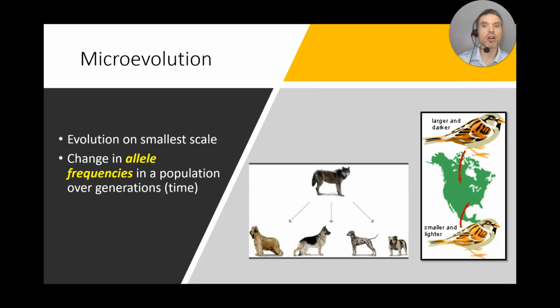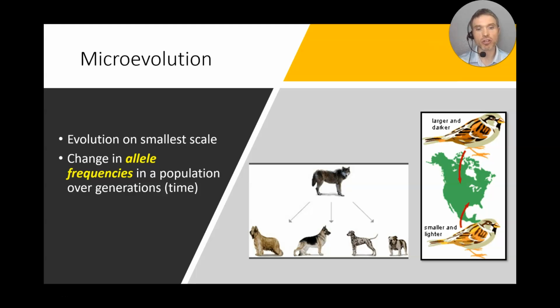Now, if we go back to our earlier presentations, we were talking about evolution. And this is an example of microevolution. So basically evolution at the smallest scale. And in order for us to determine if the population that we're examining is in fact evolving, what we are going to observe is a change in the allele frequency over generations.